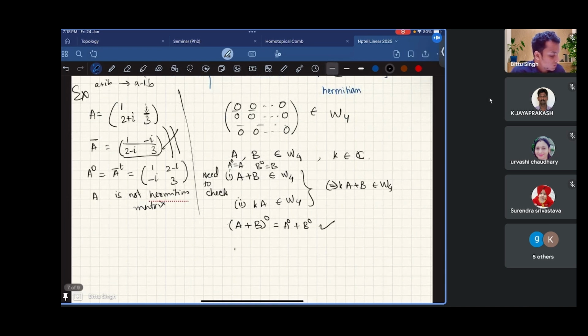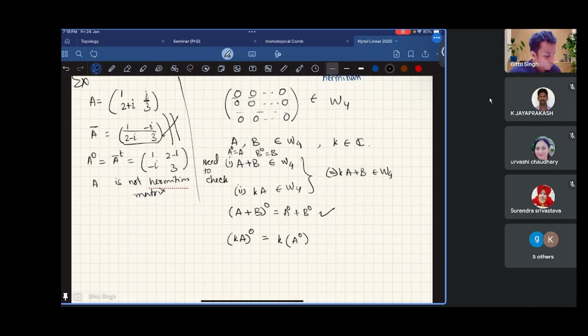Now, if this is closed under scalar multiplication, that is (K times A) naught, if this is same as K times A naught, will it be true or not? So let us check.